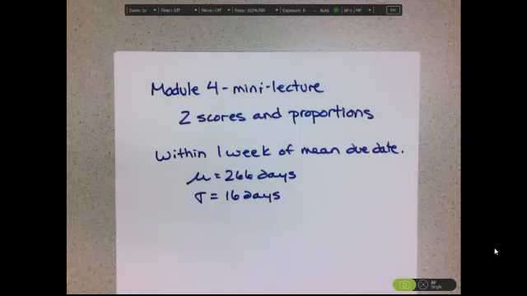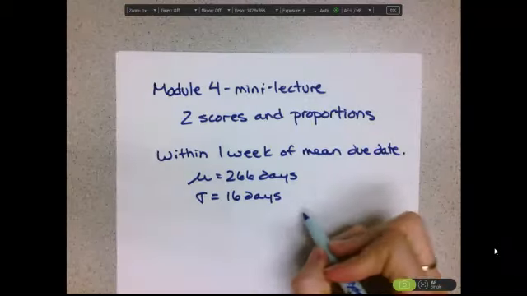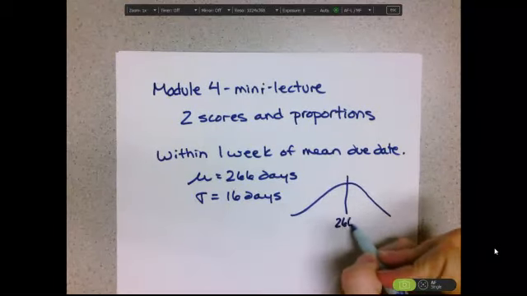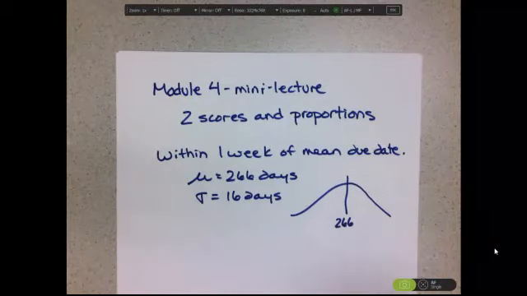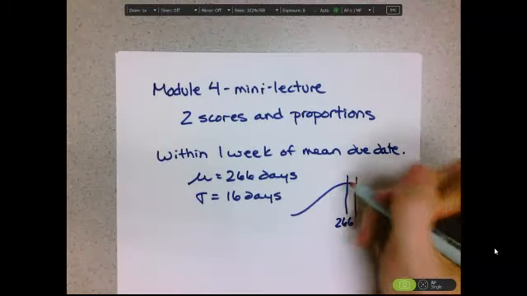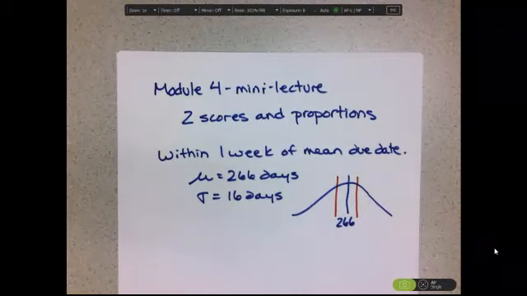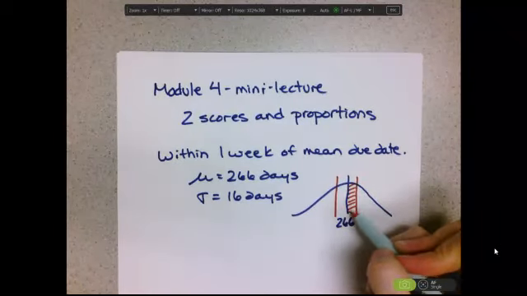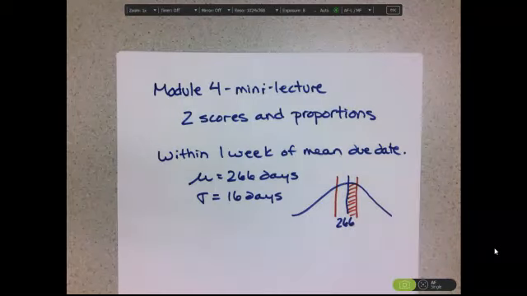Here's our distribution, our mean of 266. Now we're interested in plus and minus 7 days on either side. Because our distribution is symmetrical, we can just pick one side, and then also apply it on the other side as well.